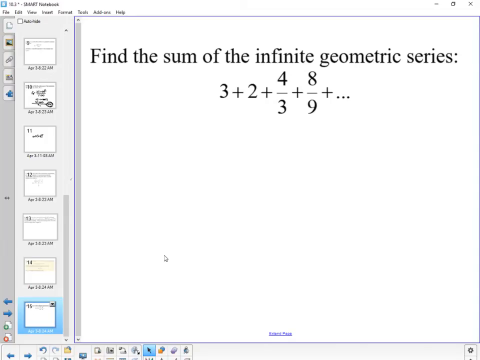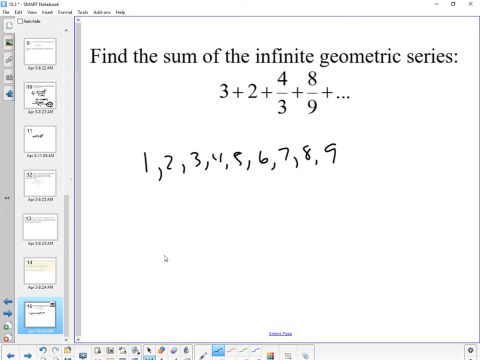Now, I'm going to try to explain how this actually kind of makes sense. It really has some calculus to do with it. We're not doing the calculus yet. But let's say we had numbers from 1 to 9. So 1, 2, 3, 4, 5, 6, 7, 8, 9, okay?